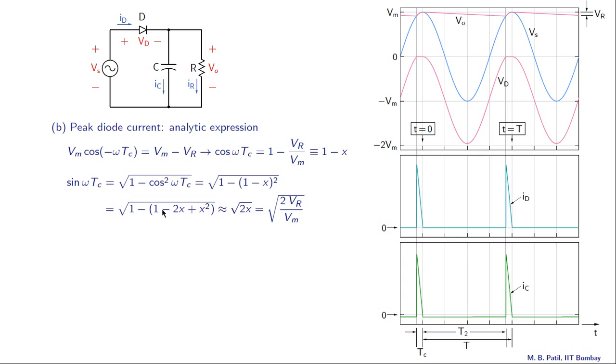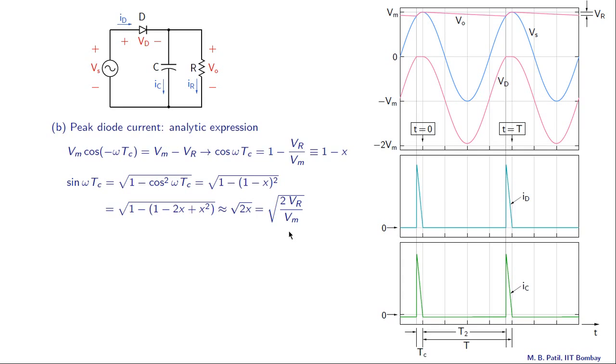This 1 cancels with that 1, and we get 2x, and there is a term in x squared. Our x is 1 by 8, so x squared is going to be 1 by 64, much smaller than x, and therefore we can ignore x squared compared to x. So we end up with square root of 2x. So that is square root of 2 times Vr by Vm.